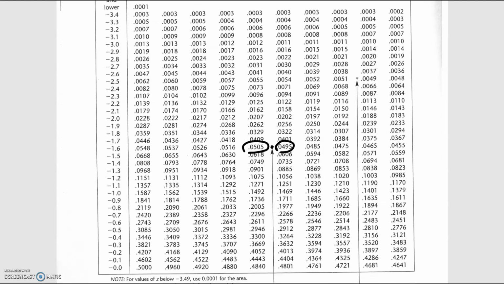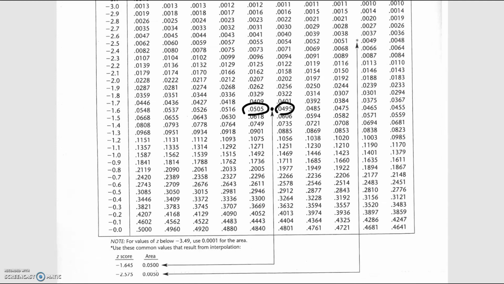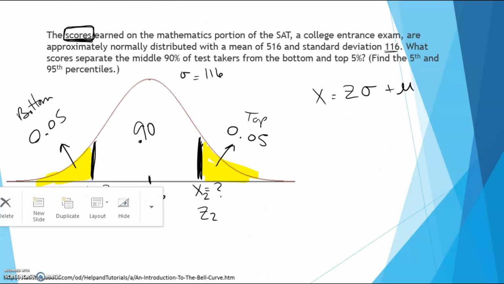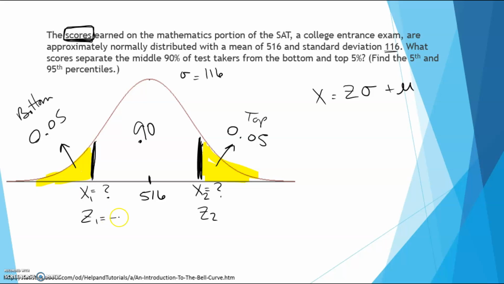So I'm going to follow that arrow down, and it says if I've got an area of 0.05, which I do, my z-score will be negative 1.645. So for this one, it is negative 1.645.